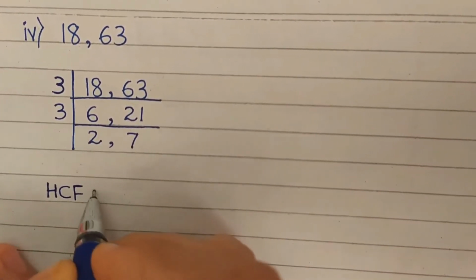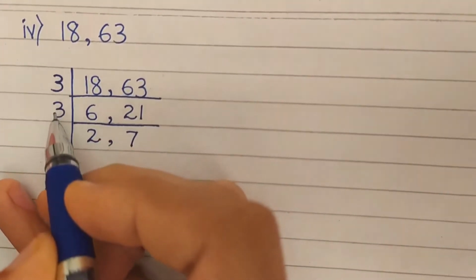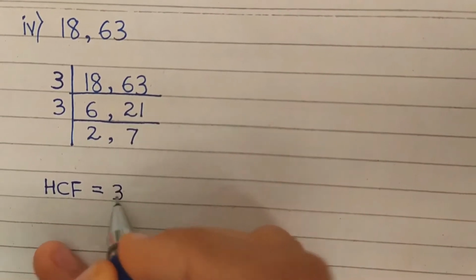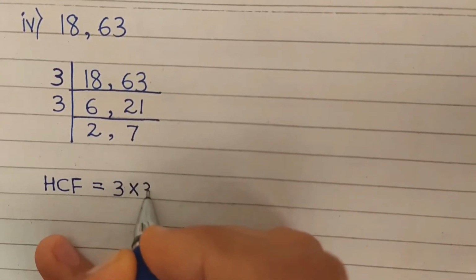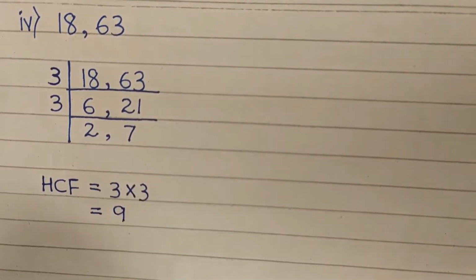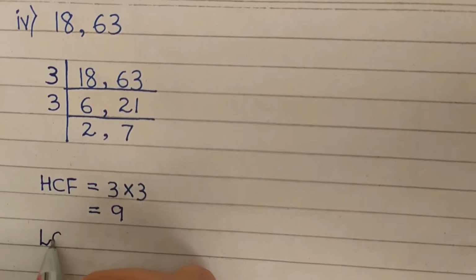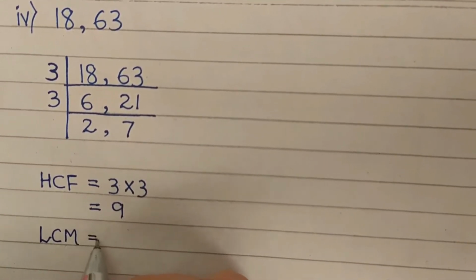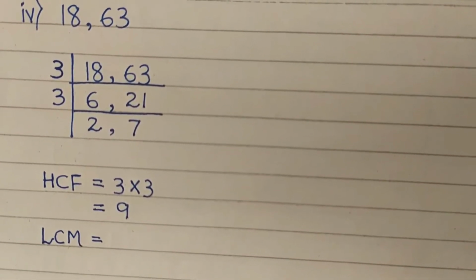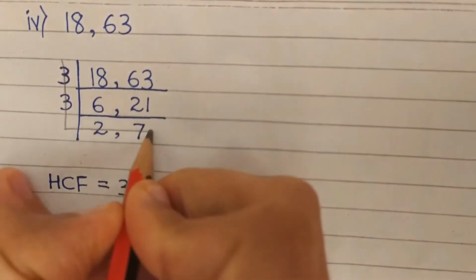So we can stop and first write the HCF. HCF is equals to product of numbers which are on the left. That is 3 into 3. So HCF is 9. Now let's find out the LCM. LCM is equals to product of numbers which are forming L shape.